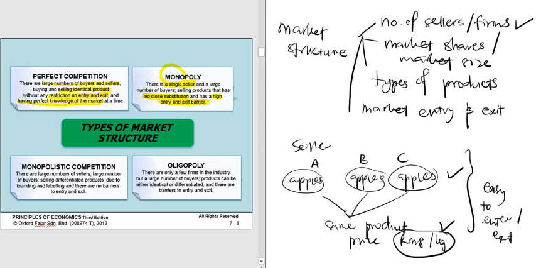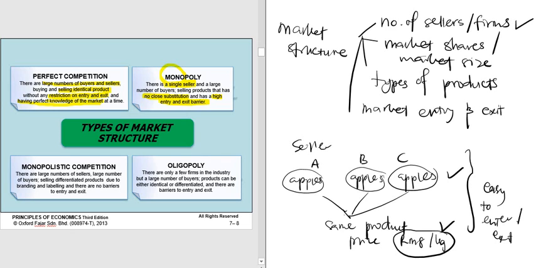For the case of Malaysia, we have the closest example, which is TNB, Tenaga Nasional Berhad, the only energy or electricity supplier in Peninsula Malaysia. There is no other energy supplier other than TNB.